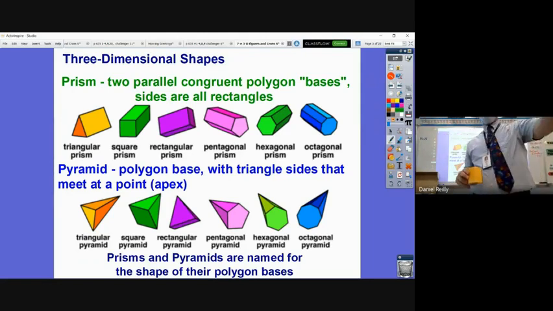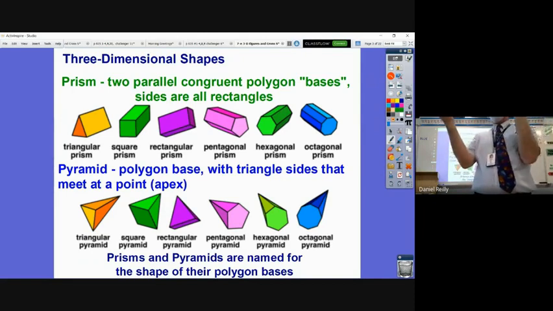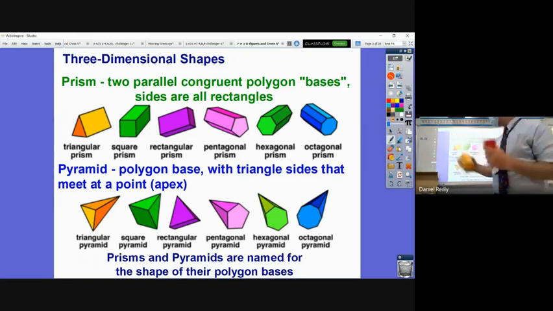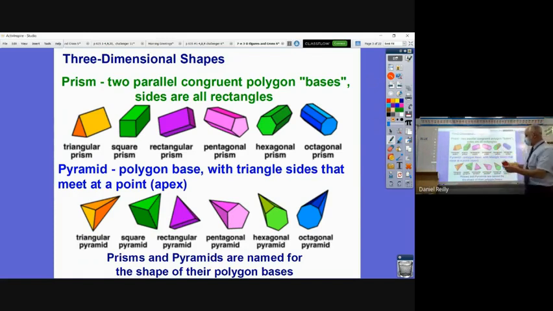This one is a triangular prism. The sides of prisms are all rectangles that join the two bases together. So these are prisms: hexagonal prism, rectangular prism, or square prism if the base is a square, triangular prism.